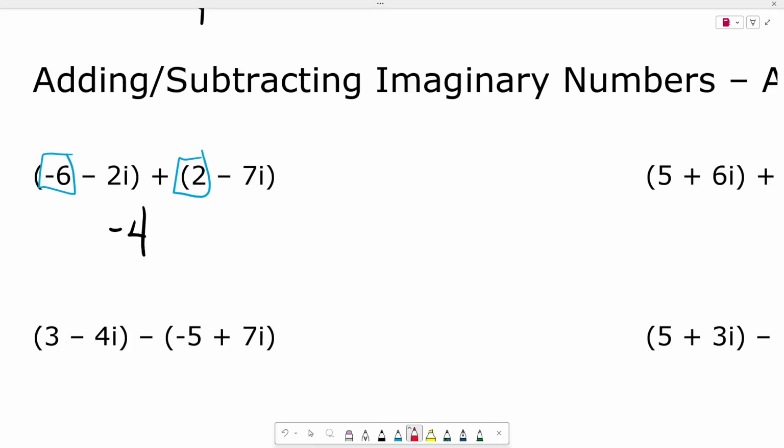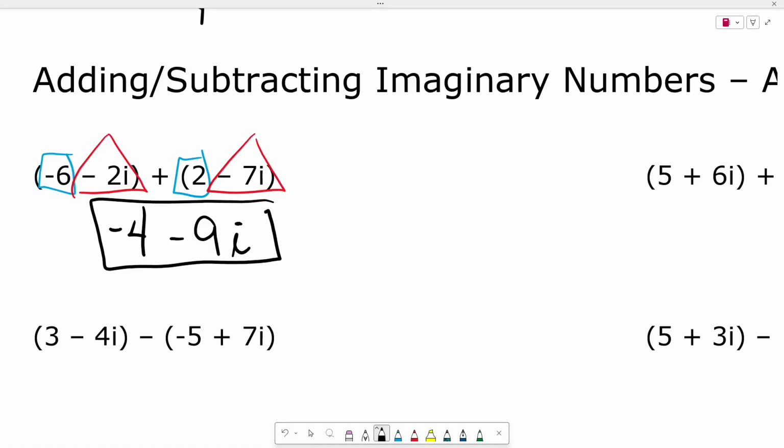Then I collect my negative 2i and my negative 7i, and negative 2 and negative 7 give me a negative 9i. At this point, that's all we can do with it. Just collecting like terms, just like it was a variable.